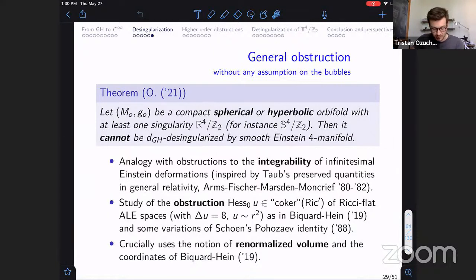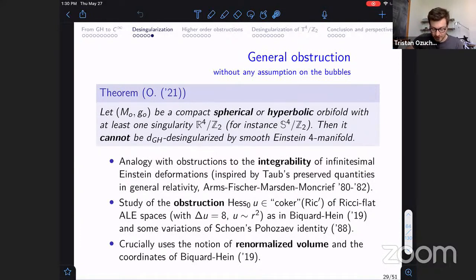For this, I looked at what people did in the Lorentzian case. These articles from the early 80s are a great inspiration, because they realized that the so-called Taub conserved quantities are obstructions to the integrability, and they are the only ones. And what I find is that they are actually equal to the obstruction I find to the desingularization. So there is a link between these two types of obstructions.